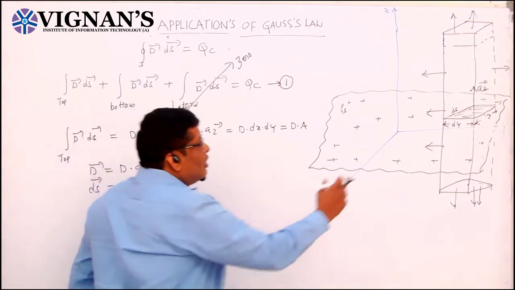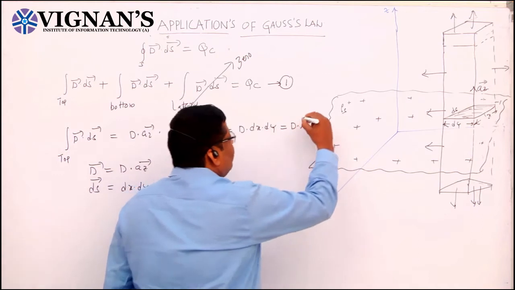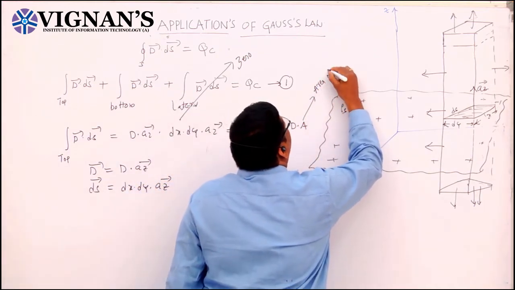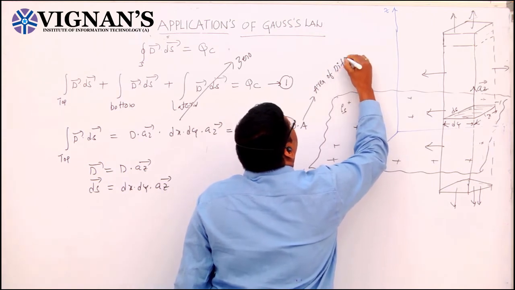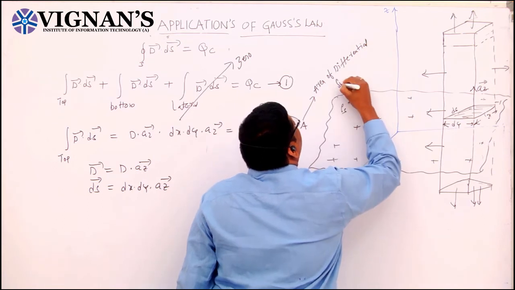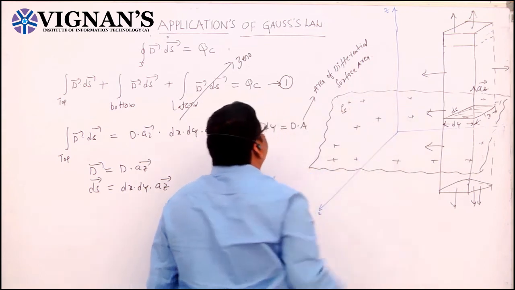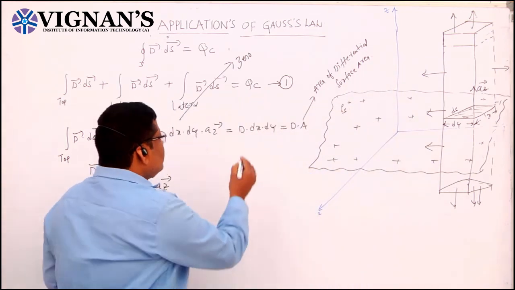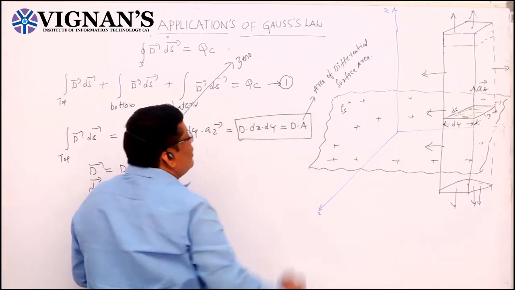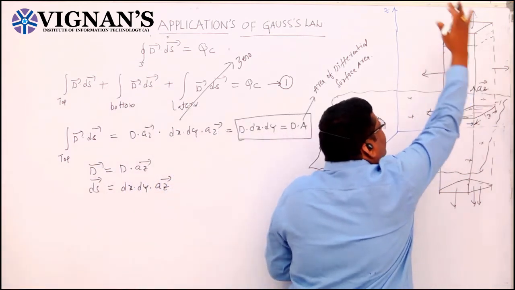A is the area of the differential surface. Now this represents the amount of flux leaving from the top surface.